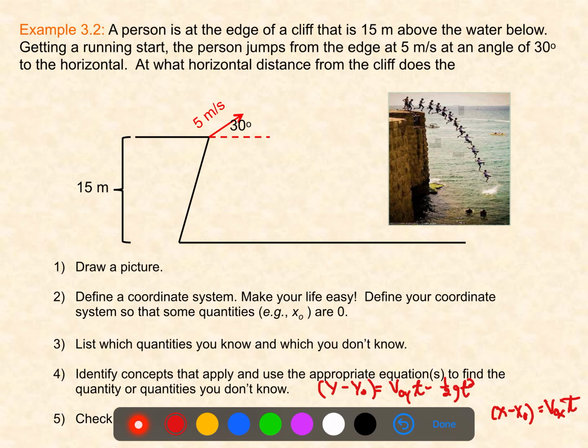And in the end, we made sure to sensibility check our answer, which turned out to be around 8 meters, and we agreed that that would be a sensible distance from the base of the cliff.